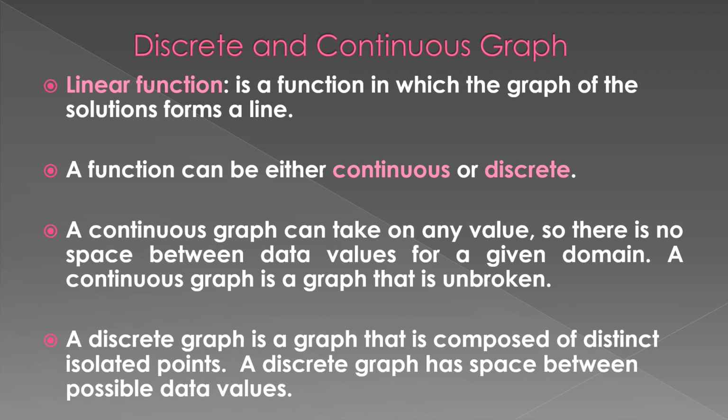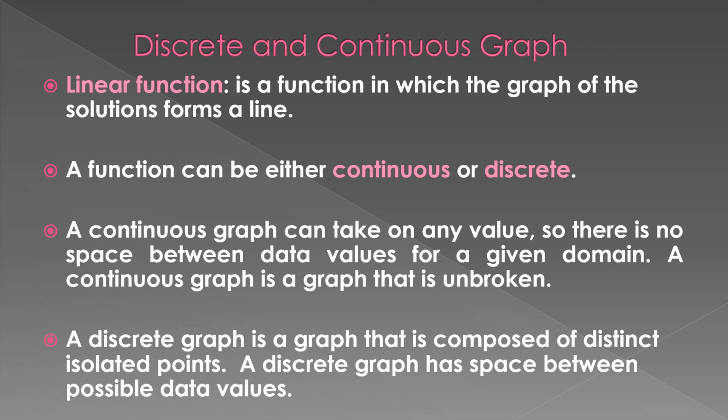Now let's move on to discrete and continuous graphs. Here, we are going to determine whether a graph is continuous or discrete. A linear function is a function in which the graph of the solutions forms a line. A function can be either continuous or discrete. A continuous graph can take on any value, so there is no space between data values for a given domain.